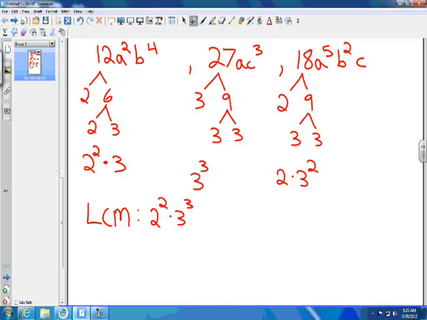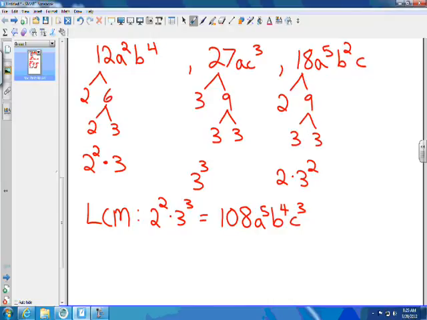So you can use that method if you want to. So 108 is the number, and then you look at the letters. What's the biggest A? A to the fifth, B to the fourth, C to the third. And that would again be your common denominator when we get to those problems.